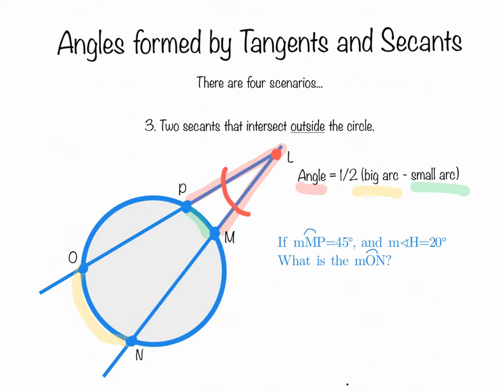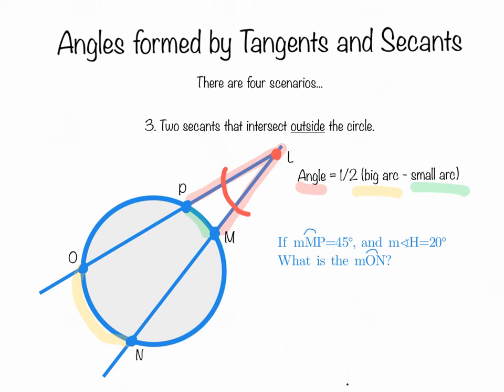Here's another example when you have two secants. So this angle has divided the circle up into some arcs here. There's a small arc here and a big arc here. The big arc is always further away, and the small arc is always going to be the close one.